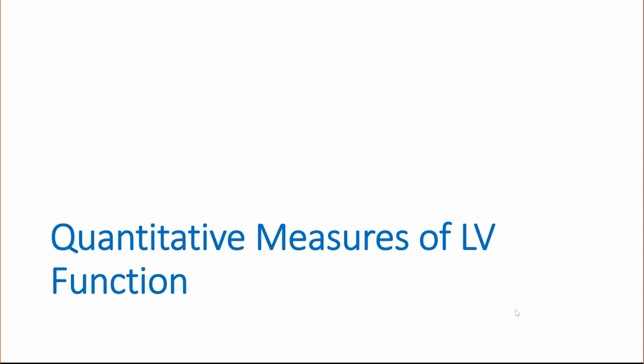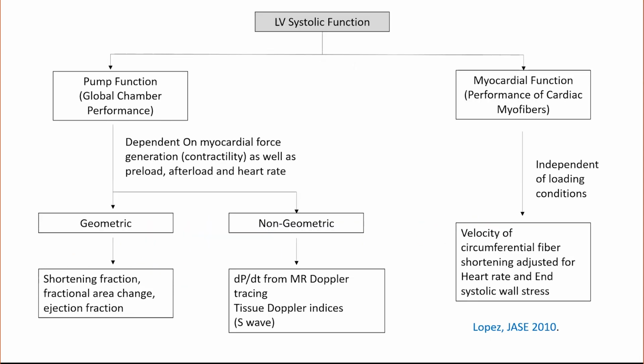Okay, quantitative measures of left ventricular function. So this I have adopted from Lopez in 2010, a very good article, sort of an essential read for cardiology fellows, on measurement in pediatric or congenital echoes. So if you want to assess the left ventricular systolic function, we have two things.